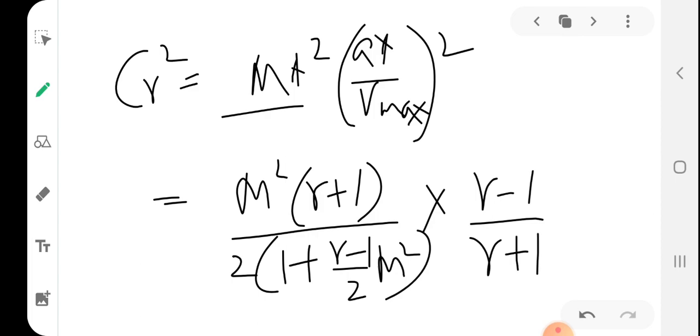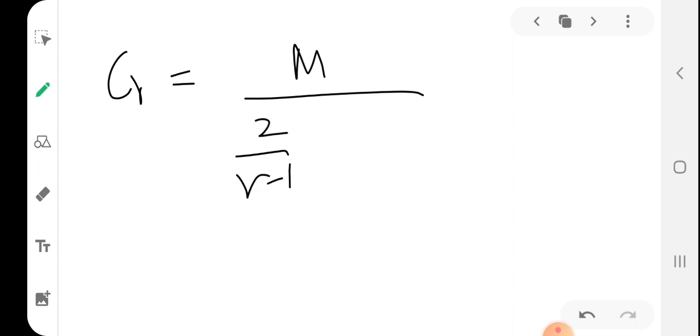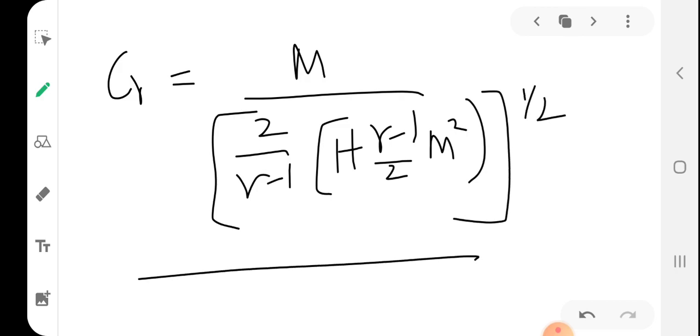So this gamma plus 1 cancels. Finally, Cr is equal to the square root of (M squared by 2 by (gamma minus 1) into (1 plus (gamma minus 1) by 2 M squared)). So this is the equation for Crocco number in terms of Mach number.